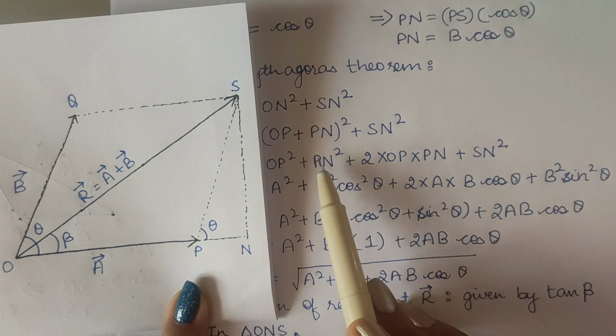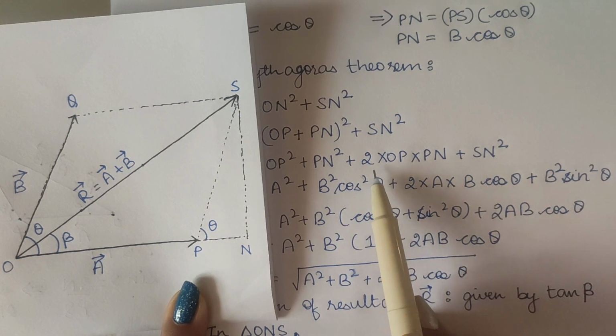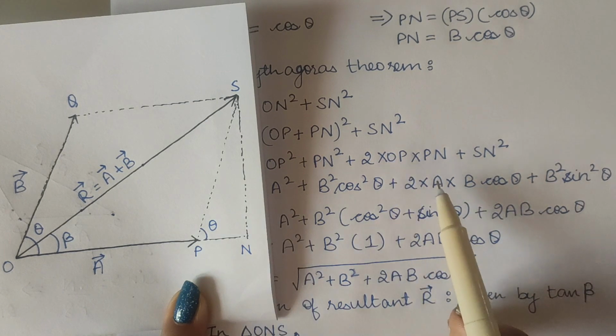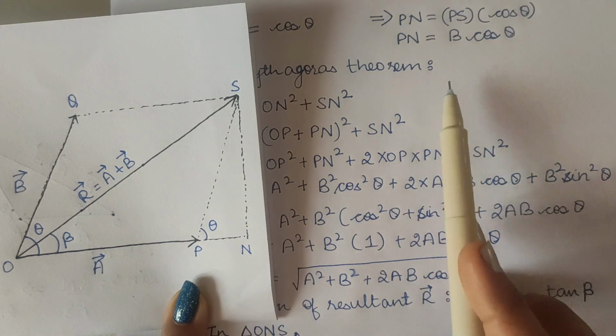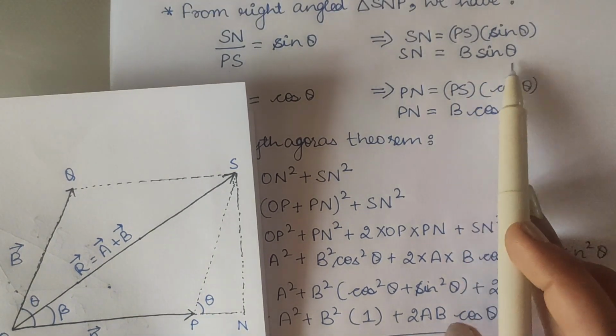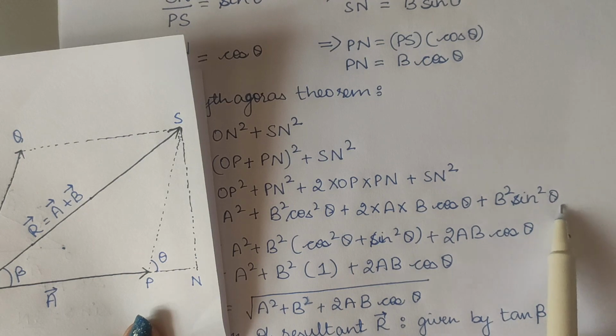So instead of PN, we are writing B cos theta. Since PN square is there, it will become B square cos square theta. Plus 2 into OP, OP again is A, and PN is B cos theta. Also we calculated SN to be B sin theta. So instead of SN square, we are writing B square sin square theta.